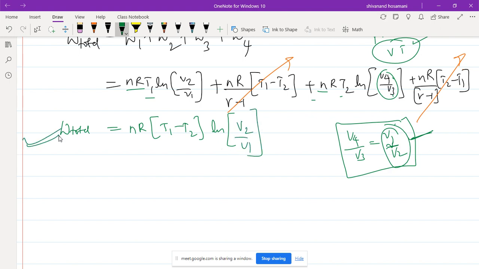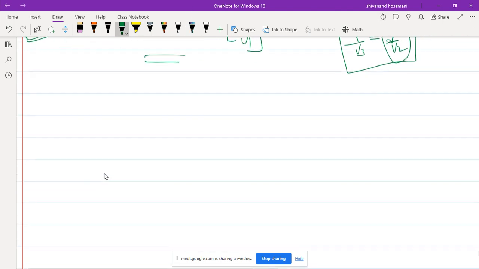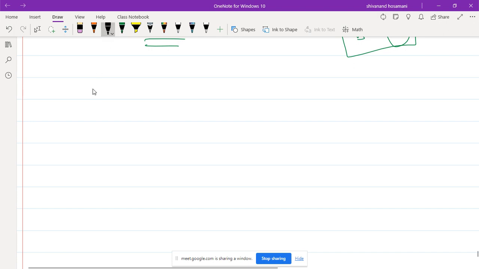So total work done. According to heat engine efficiency, how do we calculate? What relation do we get there? Efficiency eta is equal to work done divided by heat taken, W over Q1. What is heat taken?